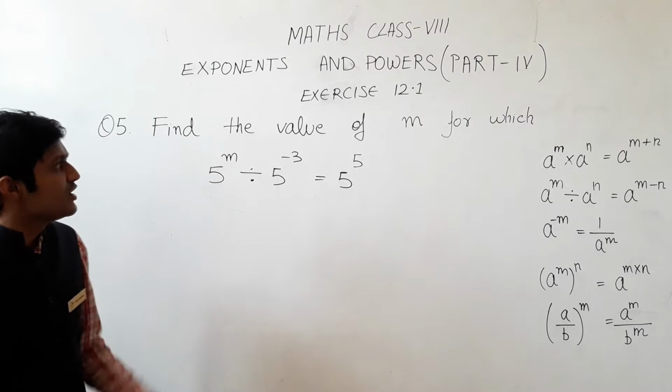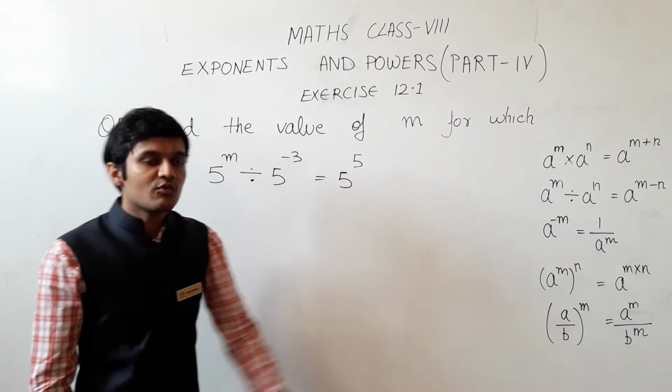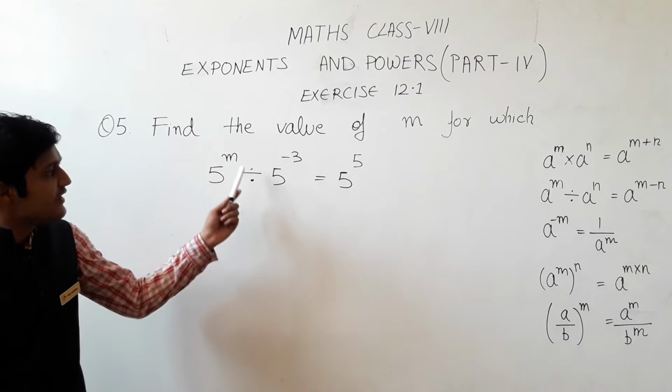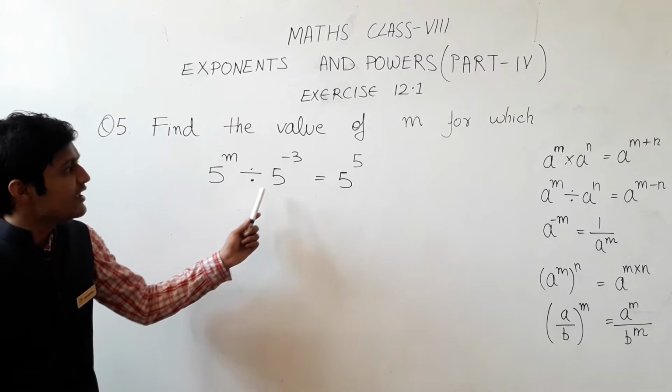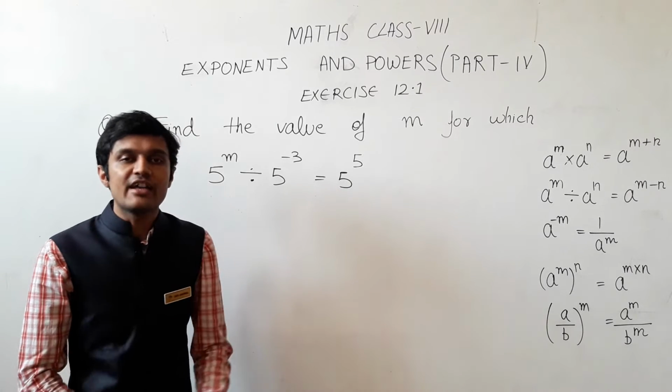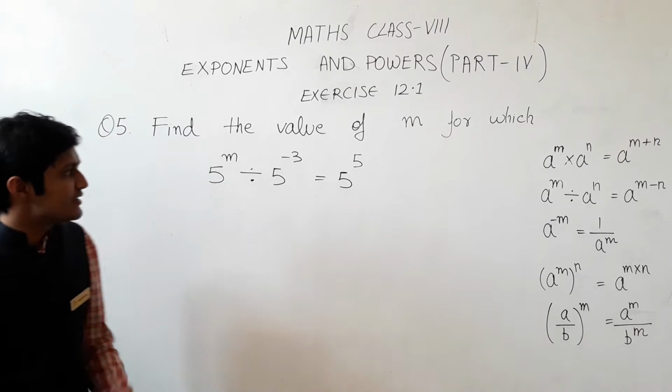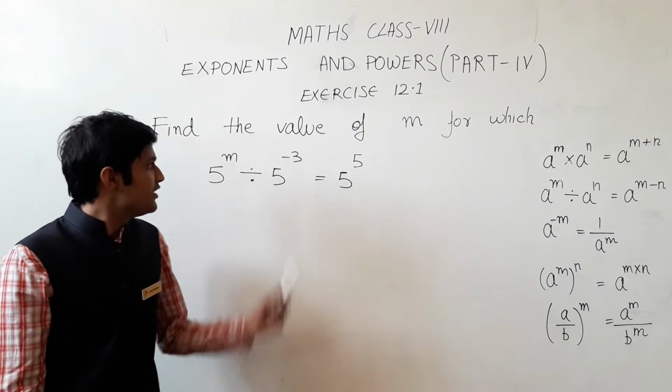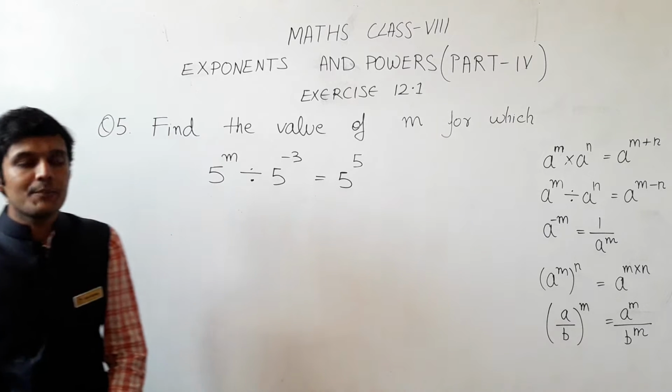Question 5 is: find the value of m for which 5 raised to the power m divided by 5 raised to the power minus 3 equals 5 raised to the power 5. This expression is given and we have to find the value of m.